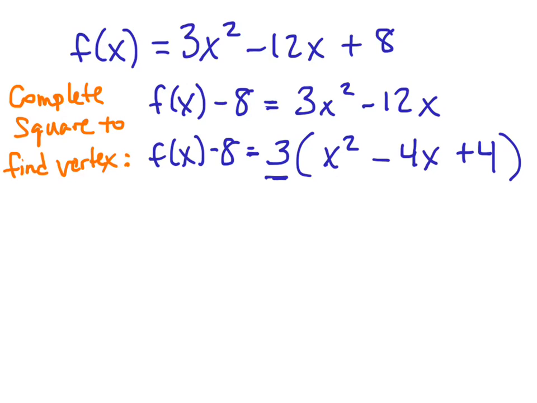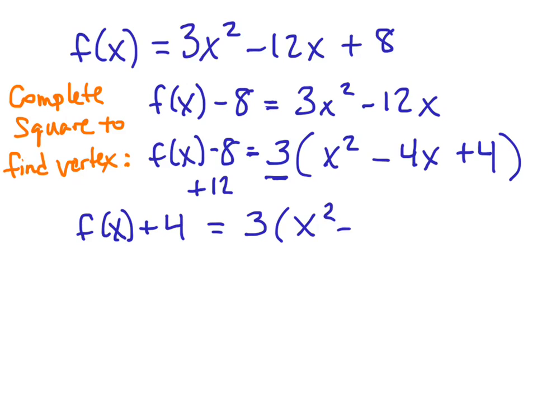To keep that equal, I need to add 12 to the other side. So I have f of x plus 4, 12 minus 8, equals 3 times x squared minus 4x plus 4. Now I can actually do the completing the square.